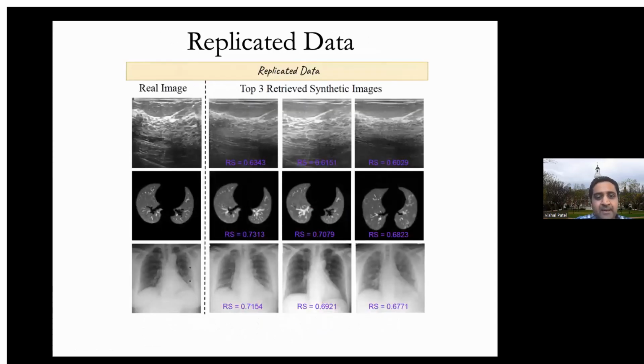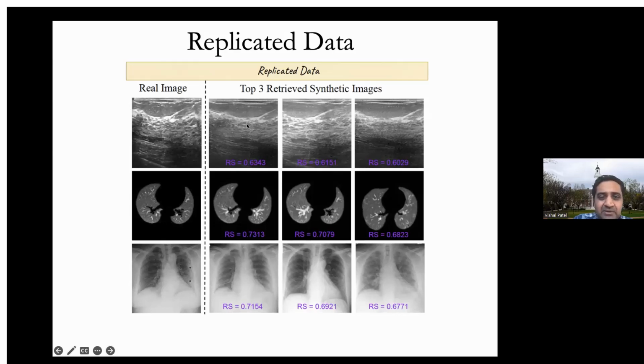On the other hand, when there is some sort of replication happening, you see that these are the real images and these are the top retrieved synthetic images. You can see that there is some sort of trend which is common in all of these images. Maybe there is a slight similarity in this region here, or this part that matches.